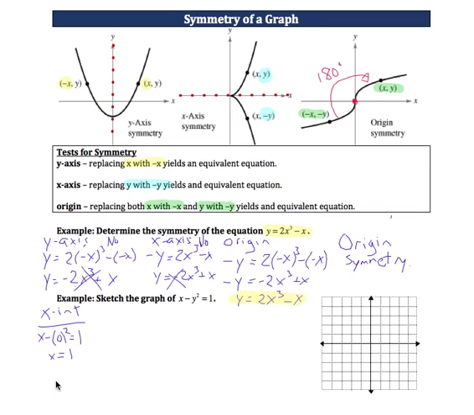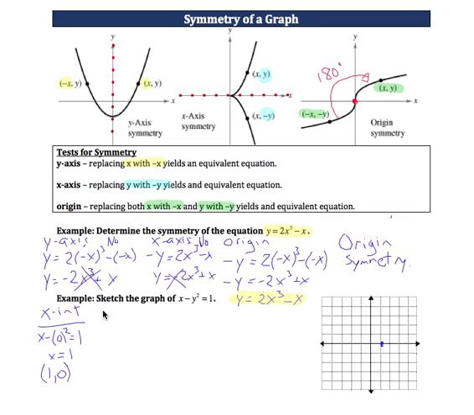And very important, write the solution point, not just x equals 1. Okay, we can go ahead and plot this point. We get 1, 0. That's going to be our x-intercept.